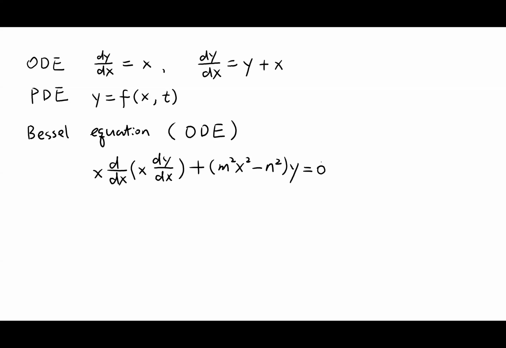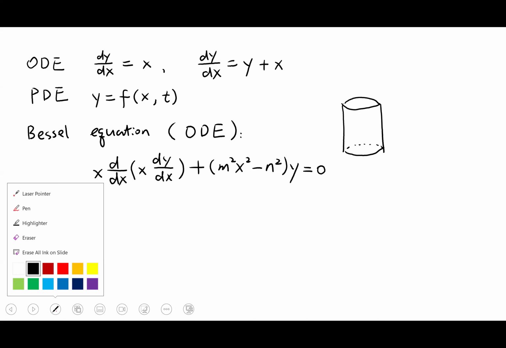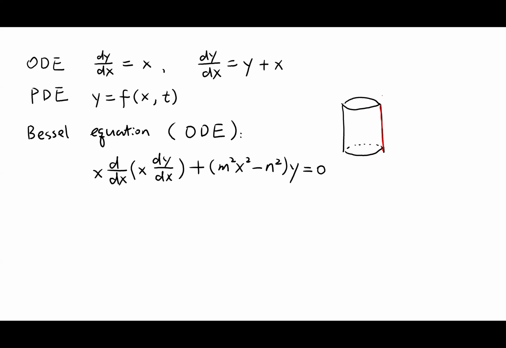Okay, so why the Bessel equation is so important is because it can be used to describe mass transfer in cylindrical coordinates. Let's say you have a blood vessel, and we treat the blood vessel as a cylinder, right? And then on the surface of the blood vessel you have endothelial cells.